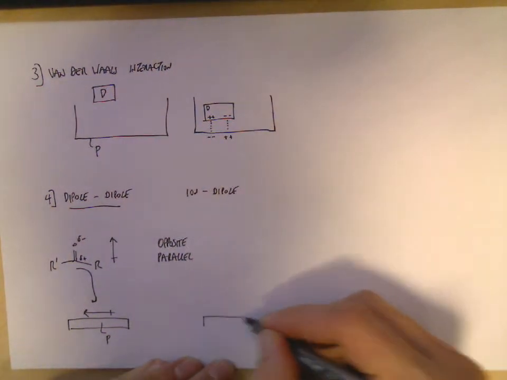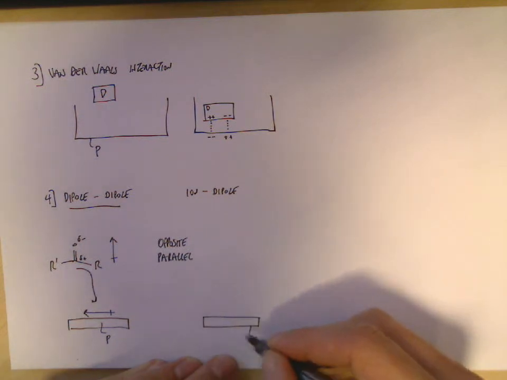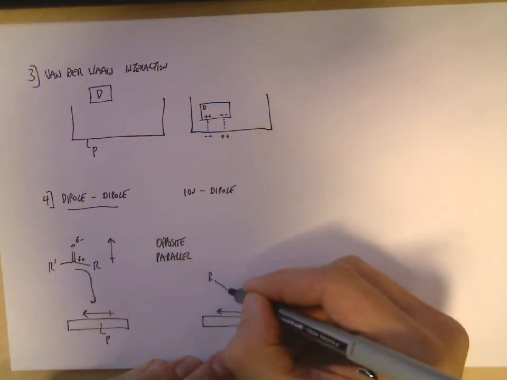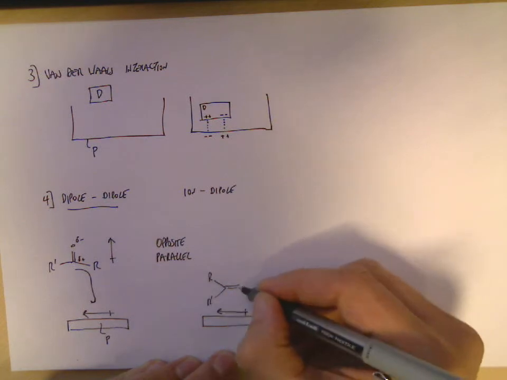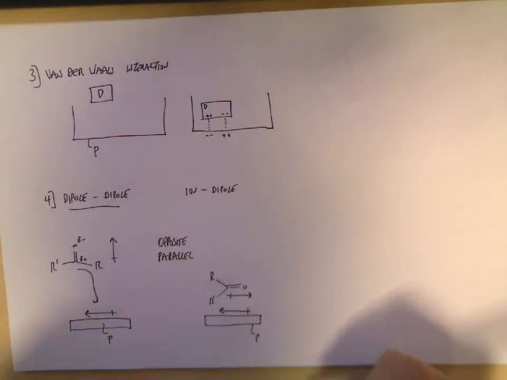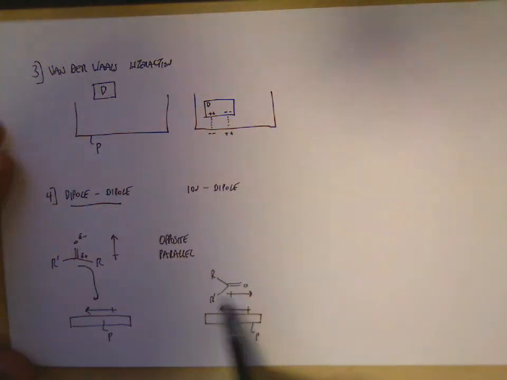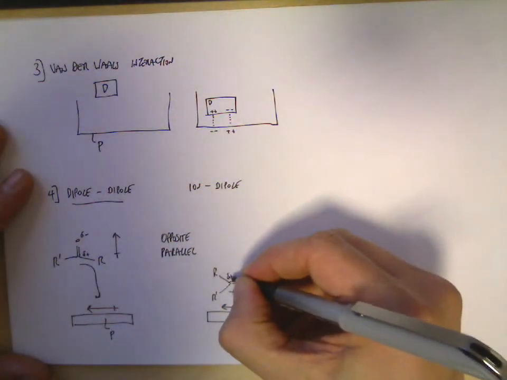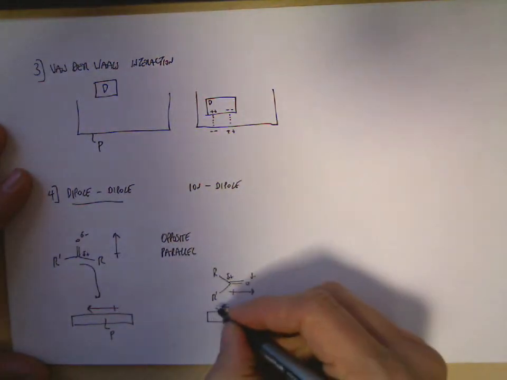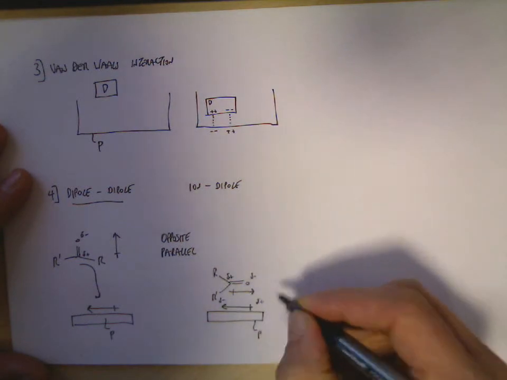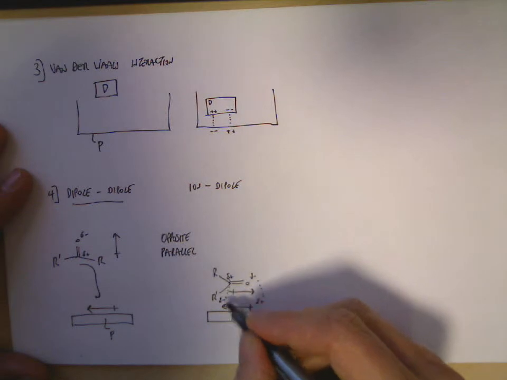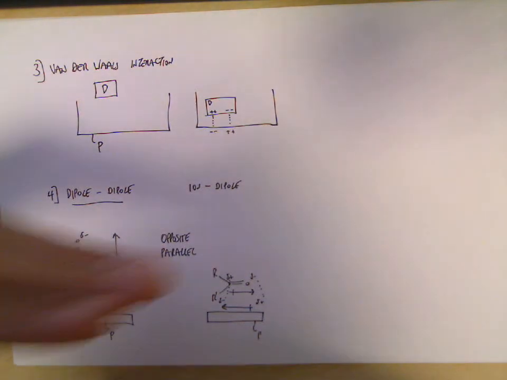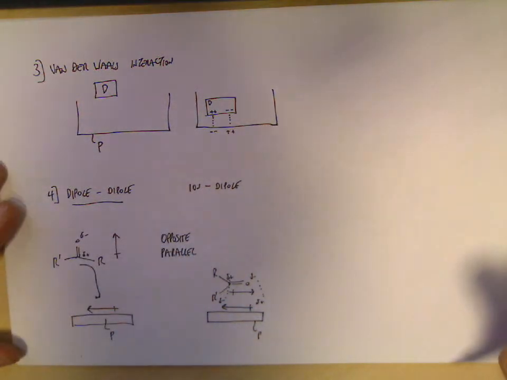So you will end up with your drug, sorry, this is your protein here, your drug will come in and it will orientate itself like this, so that the two dipoles indicated by the arrows are parallel to each other but pointing in opposite directions. And the reason for that is because you have a delta plus at one end of the arrow and delta minus at the other end. Here, delta minus at this end, delta plus at this end. Again, this is opposite charges attracting each other. And if the two dipoles are parallel to each other, then that interaction, that overlap, if you like, will be stronger.